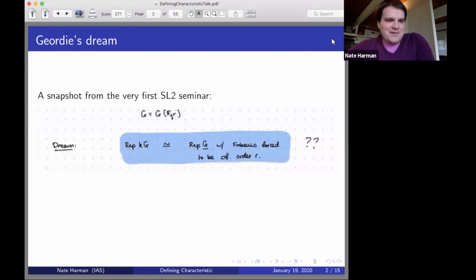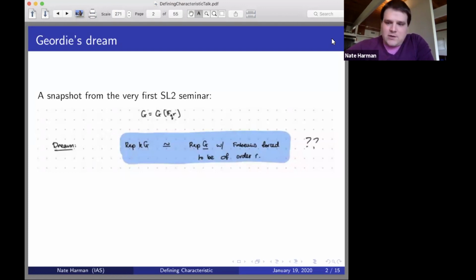And Jordy's dream that he has highlighted there is that representations of the finite group should be representations of the algebraic group, but where we force the Frobenius twist to act with order R, of this R and this Q to the R. This was one of the last things that Jordy said in his opening talk for this group, and I latched onto it and decided it was interesting and I wanted to think about it.